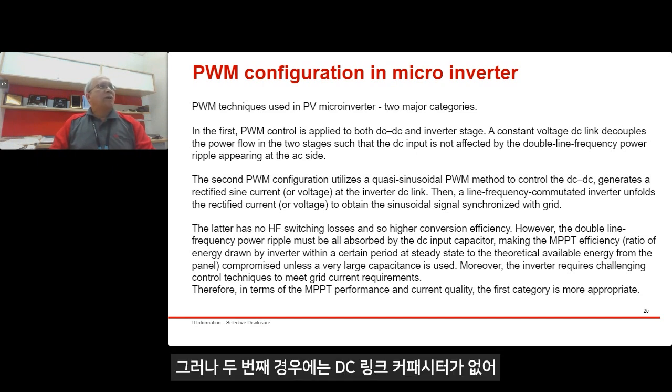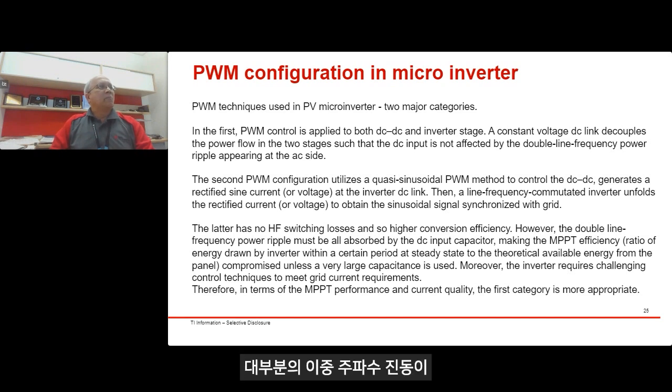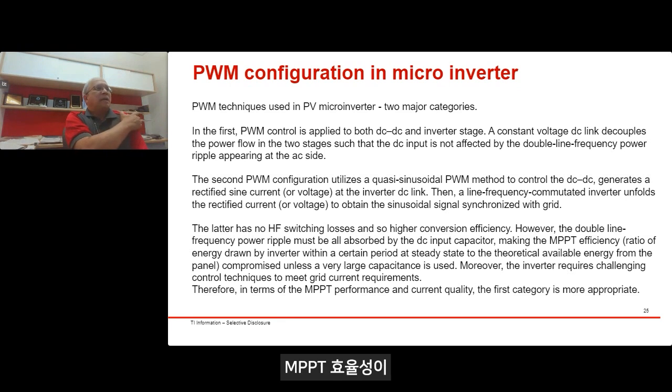However, in the second case, since there is no DC-link capacitor, most of the double frequency oscillation is absorbed by the input capacitor across the PV panel. If it is not big enough, there can be ripple at the PV panel side, and that will sacrifice the MPPT efficiency.